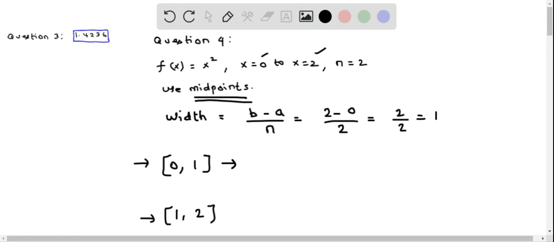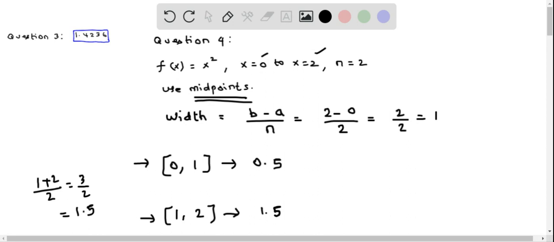Here the midpoint is the average of the two endpoints, 0 and 1, which is 0.5. And the midpoint of the other sub interval is the average of 1 plus 2 divided by 2, which equals 3 by 2 equals 1.5. So these are the midpoints.